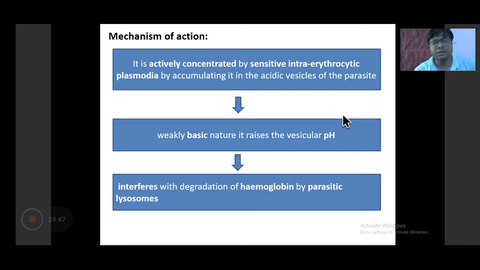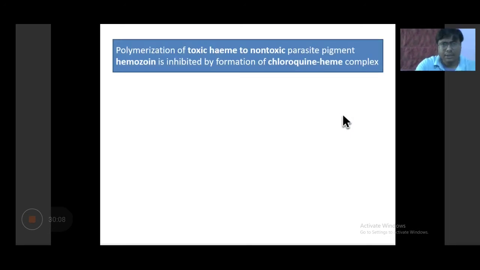Because the parasite is feeding on hemoglobin, parasitic lysosomes are degrading hemoglobin for its survival. Chloroquine reaches that acidic vesicle, increases the pH, and interferes with this degradation of hemoglobin by parasitic lysosome. Then polymerization of toxic heme to non-toxic parasite pigment hemozoin is inhibited by formation of chloroquine-heme complex.